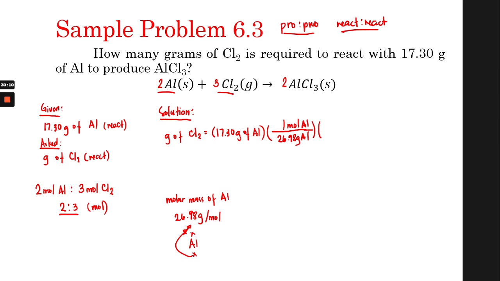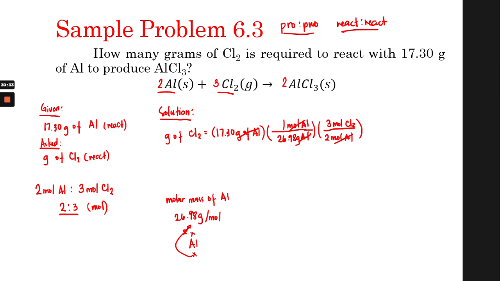So now that we are in moles, we can now use our stoichiometry relationship of 2:3. And we know that in every 2 moles of aluminum, in our reactant, we need 3 moles of Cl2 in order to fully use all aluminum.